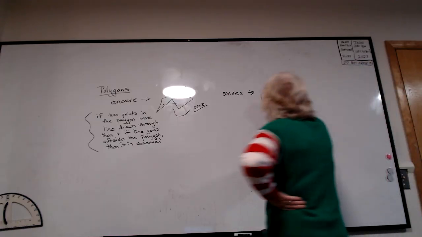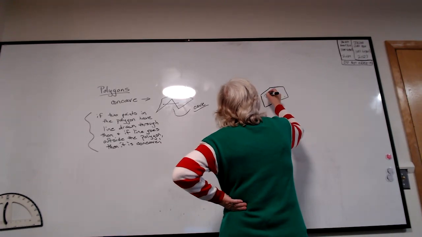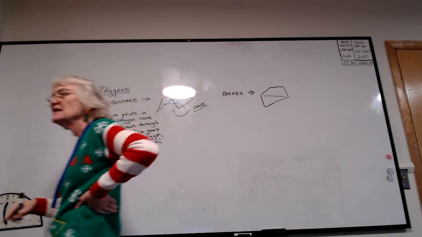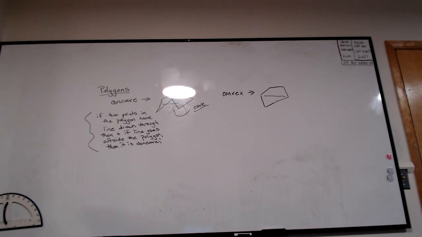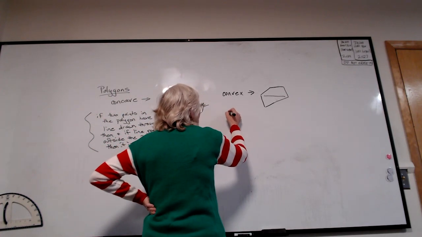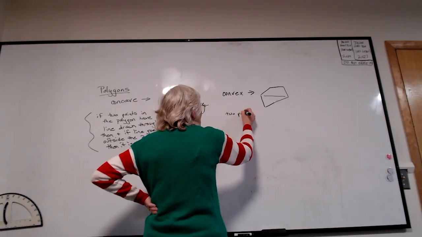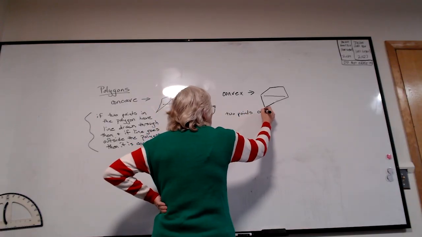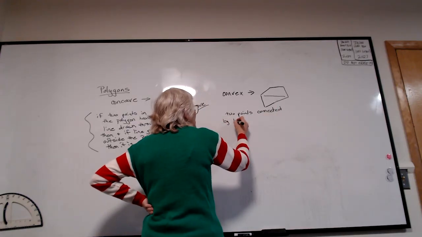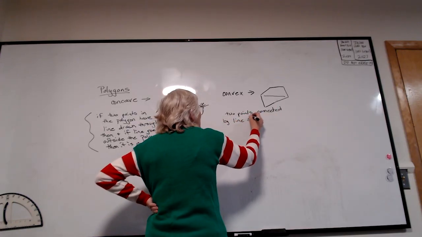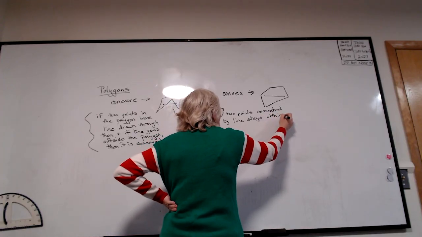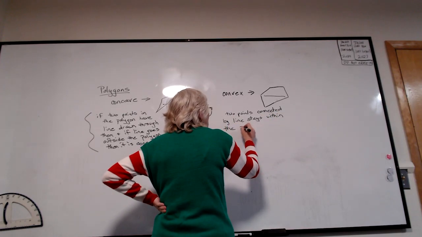So it doesn't matter where I pick 2 points, when I draw a line between them, they're still inside the polygon itself. So 2 points connected by a line stays within the polygon.